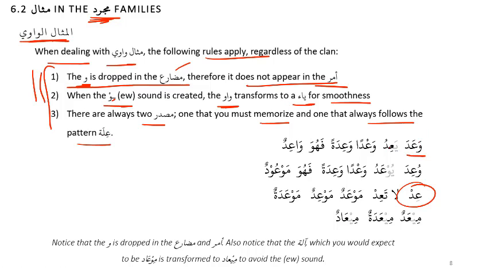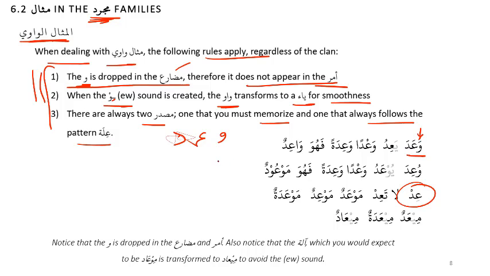So take wa'ada, to promise. What are the root letters here? This is very simple. We are talking about misale wawi. So by definition, we know that the root letters are waw, ain, and dal. So these are our root letters. Now, what did I say? So under normal circumstances, forgetting all these rules and forgetting the illats, how would I make a fail mudare out of this?